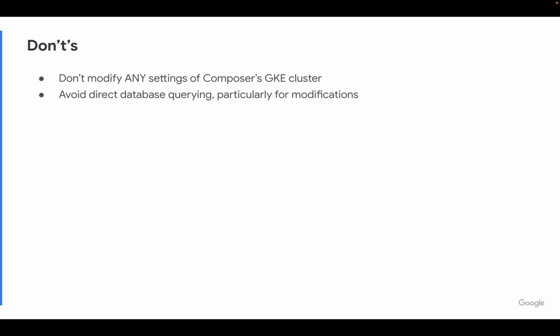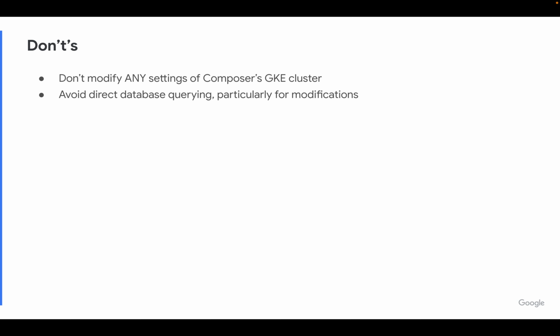And one last item I would like to call out here is to avoid direct database querying, specifically for modifications of tasks, but also for reading. The right way to interact with Airflow elements is through the API. So either go through Airflow REST API or Airflow CLI.